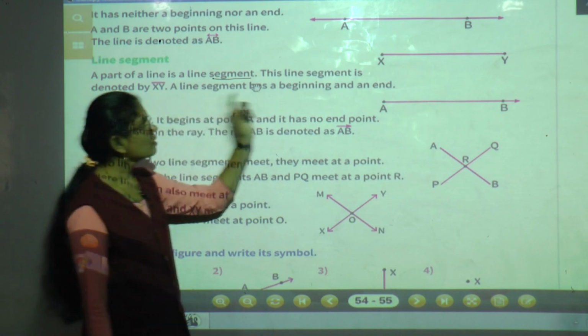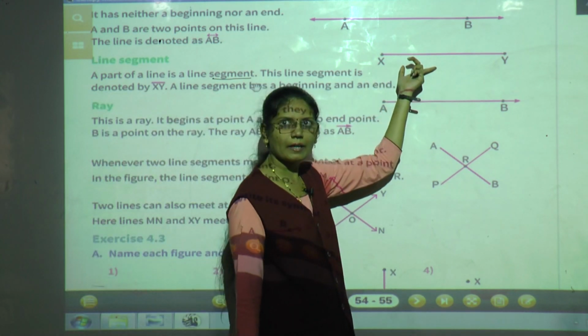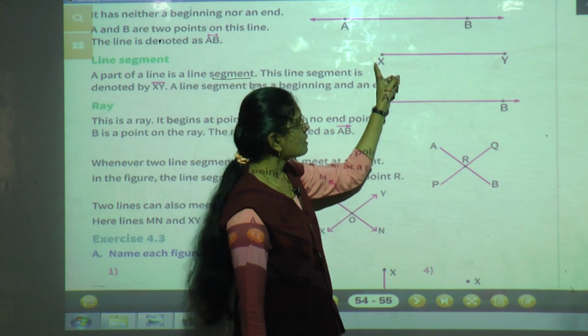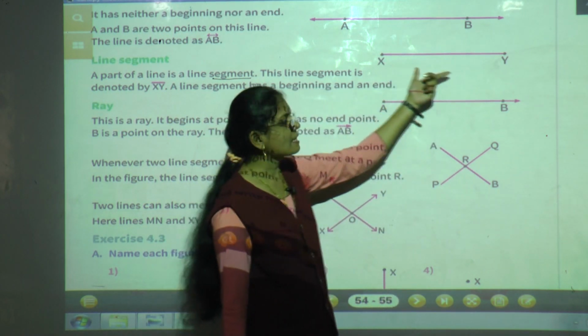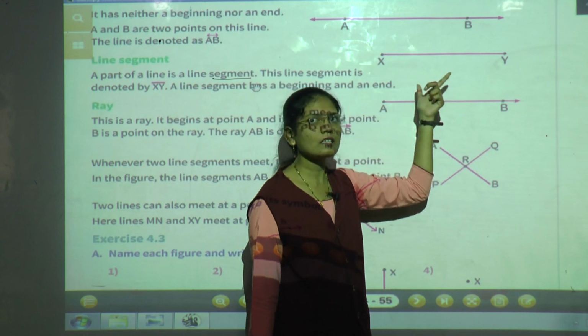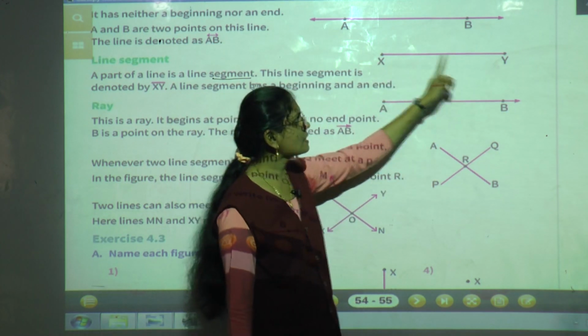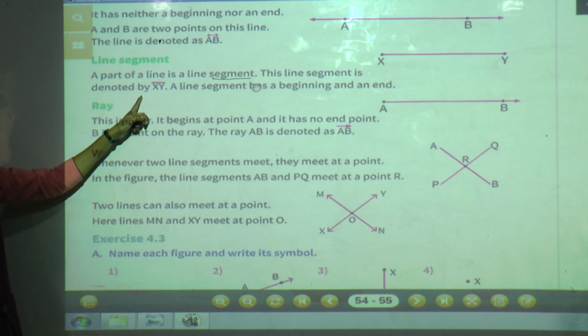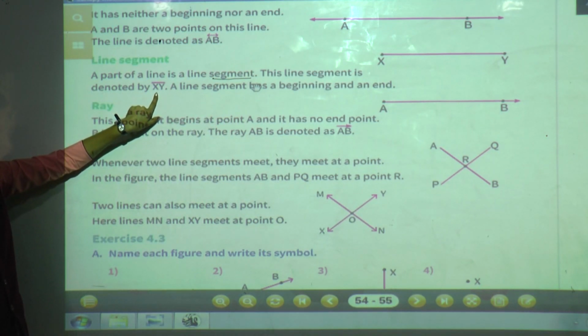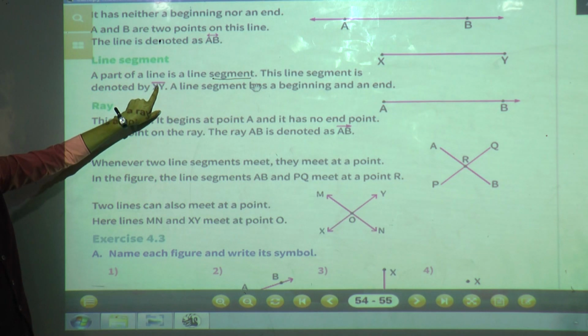Why? Because if we see this line segment, there are 2 points X and Y. So we can say line segment XY. In this way we can read line segment XY, and we can denote it by XY, and on the top of the XY we have to give its symbol in this way.